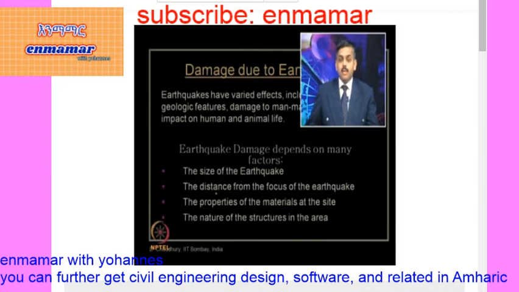And also the distance from the epicenter of that earthquake was far away from the site of concern in Mexico City. But still huge damage occurred because of the property of the material at the site, that is, the local soil condition is very, very important.